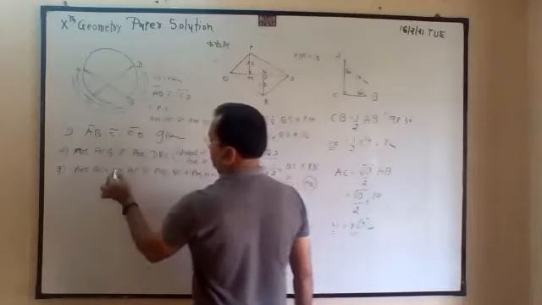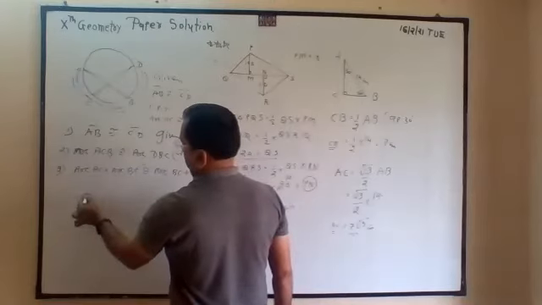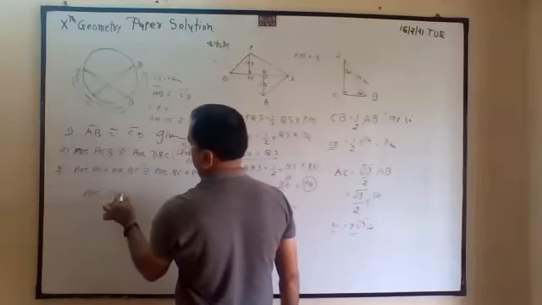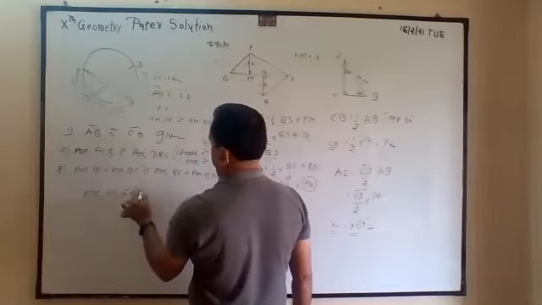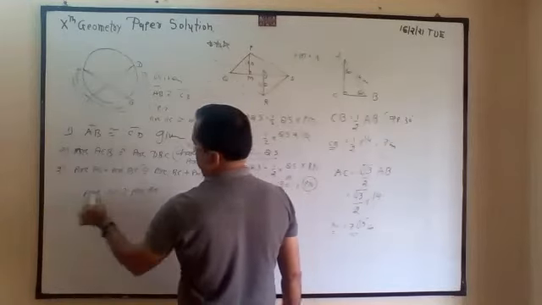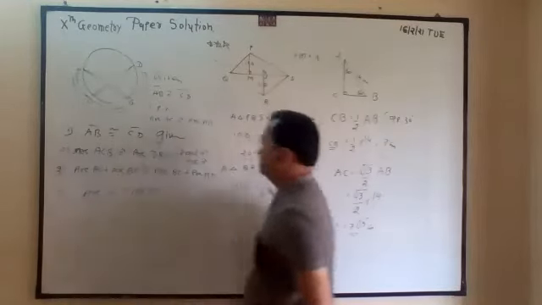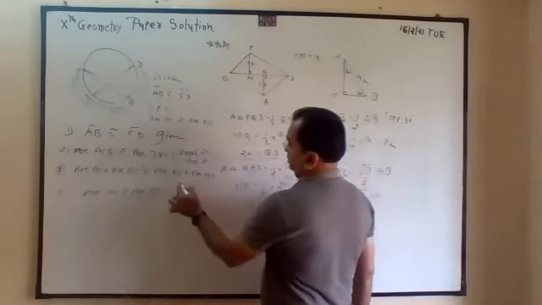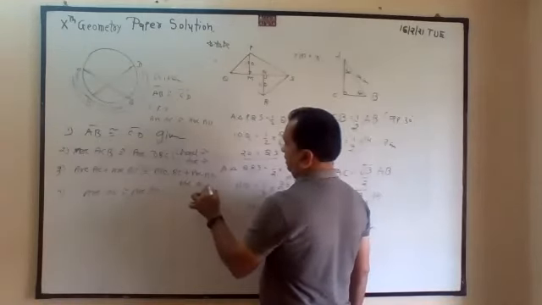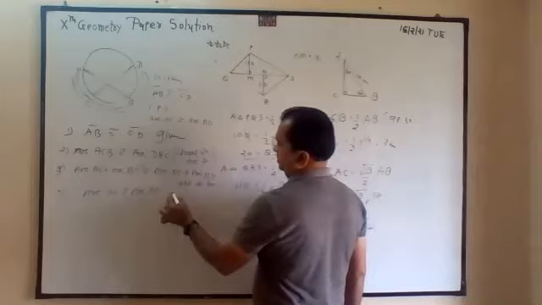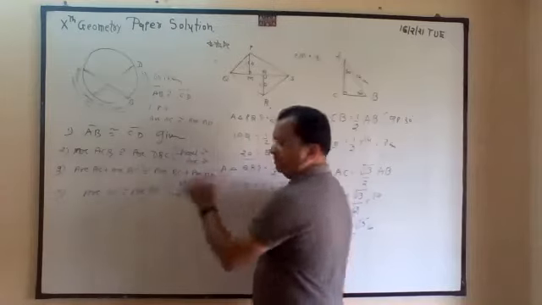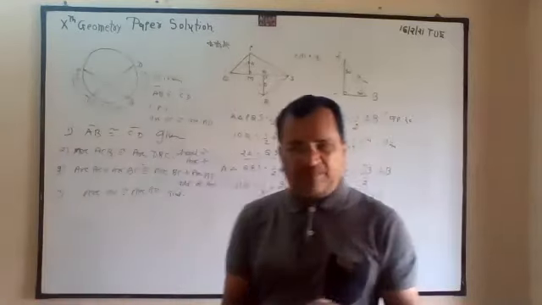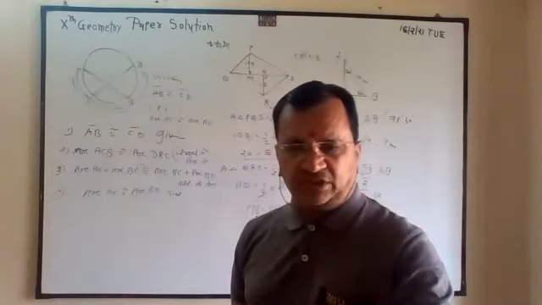So BC, BC equal. Here by addition of arcs, simplify. Simplify means what? The common part we have cancelled.